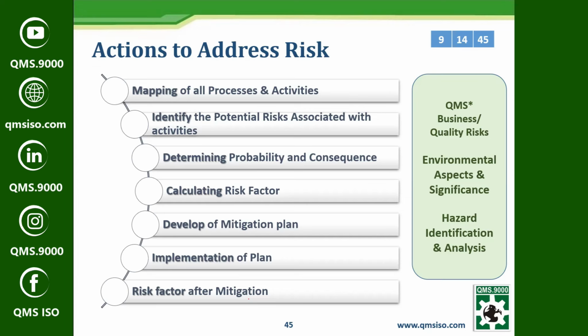If we are talking of environmental management, you identify what are the environmental aspects, what are those activities which are harmful for the people, for your environment, for air, for land, water, flora, fauna, all these things. Right? Similarly, for hazards, what are those activities which are harmful for your people, which are hazardous for your people, which are unsafe for the work environment, right? So all this is covered under this clause.